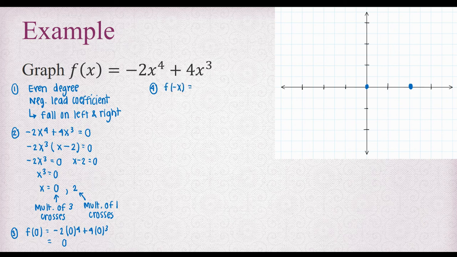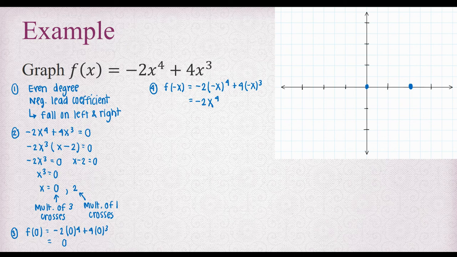Fourth step is figuring out symmetry. So I want to substitute in negative x. So we'll have negative 2 times negative x to the fourth power plus 4 times negative x cubed. Well, a negative raised to an even exponent is going to turn positive, but the negative 2 is still there, so it's negative 2x to the fourth.